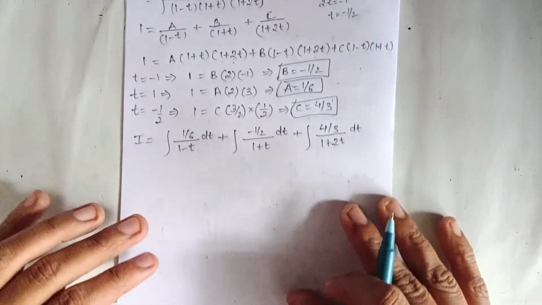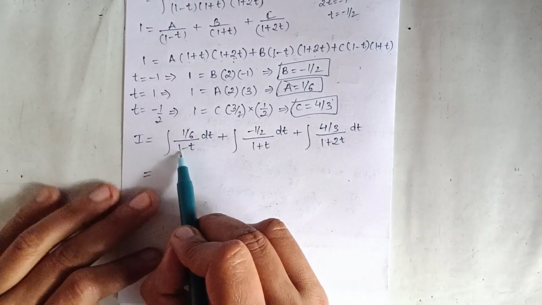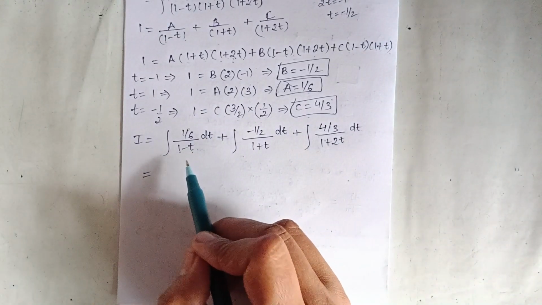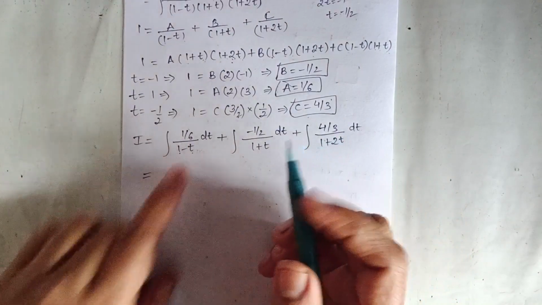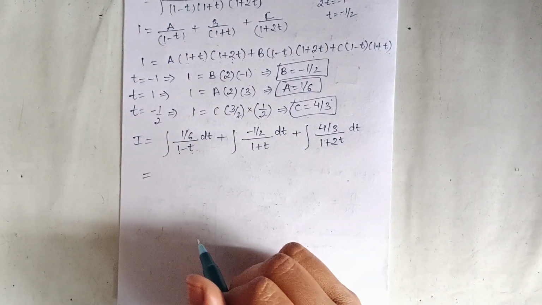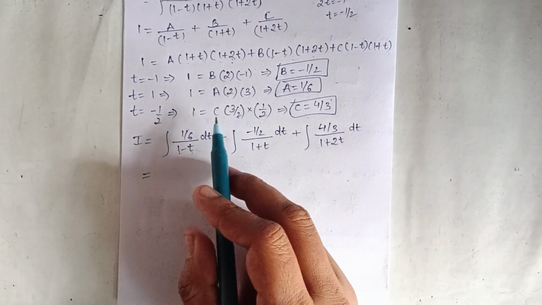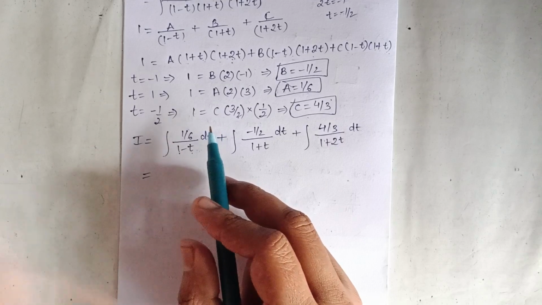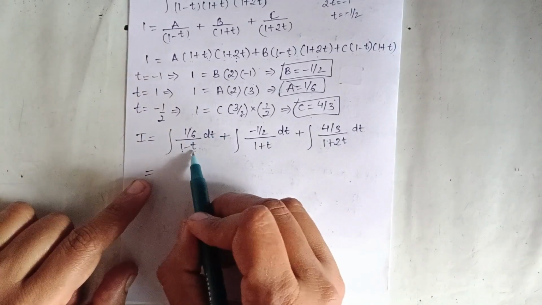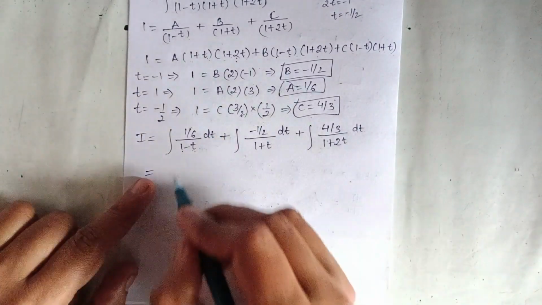So this is very simple. You just put 1 minus t as some p. So your dp is minus dt, minus dp. Okay.